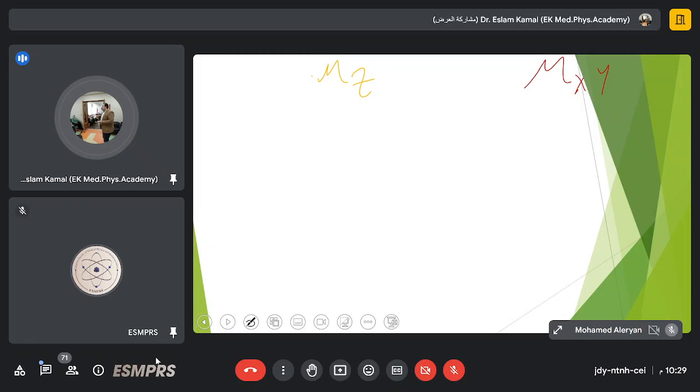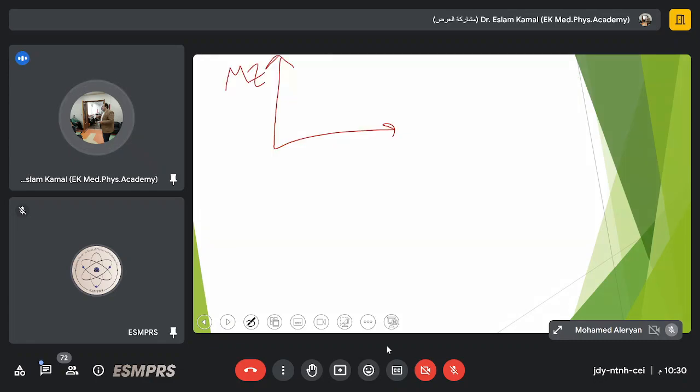Now if we draw a curve for MZ and MXY, with time on the x-axis and the magnetization on the y-axis. After turning off the RF pulse, MZ starts recovering again, so you will find MZ going up like that.